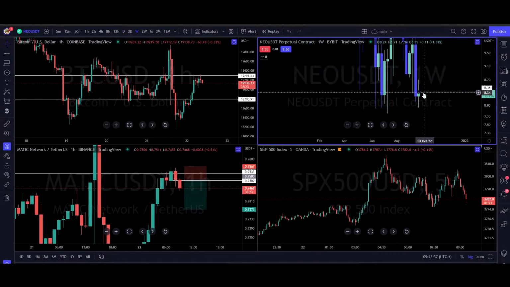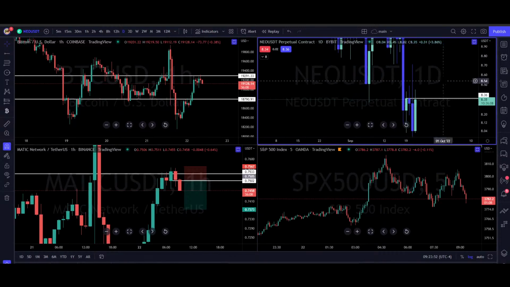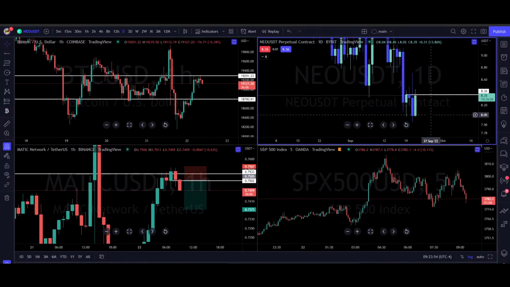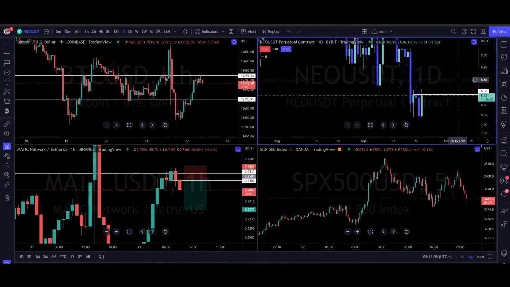Order flow is bearish. This is currently bullish on the week, Neo. You're at daily res. That's the only level you got. Watch it. If you can't close hourlies above 8.36, then you can look for a potential short. You're up 4% on the day as well.